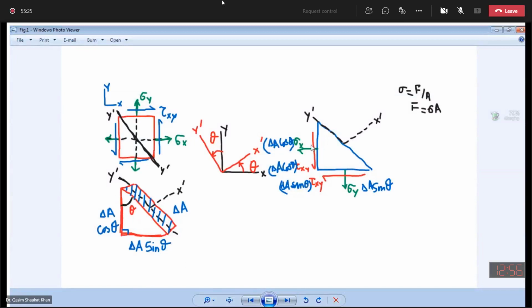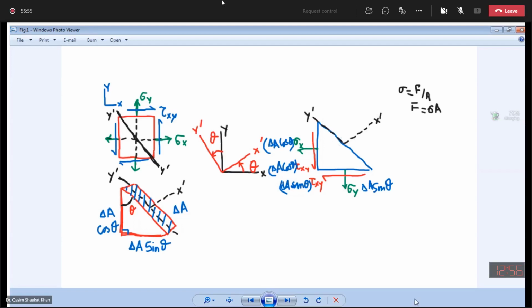So now we have sigma x delta A cos theta, tau xy delta A cos theta, tau xy delta A sin theta, sigma y delta A sin theta. These four forces are oriented along x and y axis. Okay? So I am required to resolve these forces into their components about x dash axis and y dash axis.